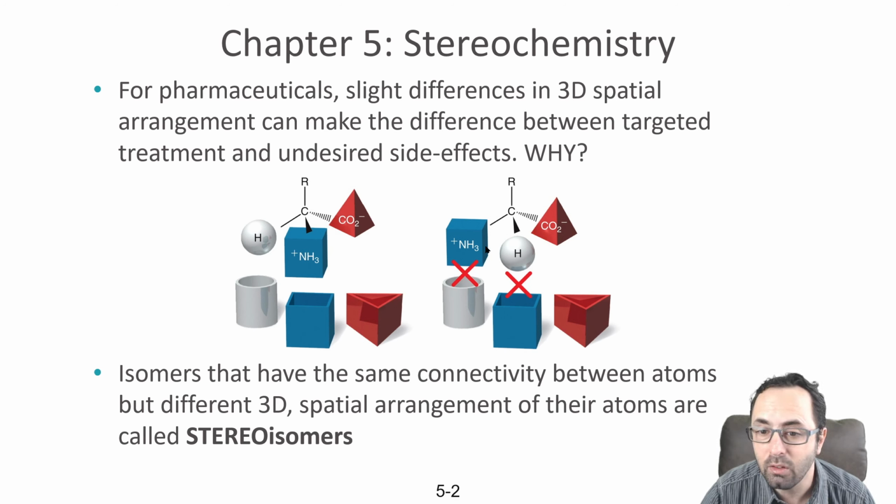If these positions are switched in three-dimensional space, that will result in an inactive type of interaction. And so that is why, when it comes to drugs and biomolecules, often one stereoisomer will be biologically active or functional, and the other will be completely biologically inactive.